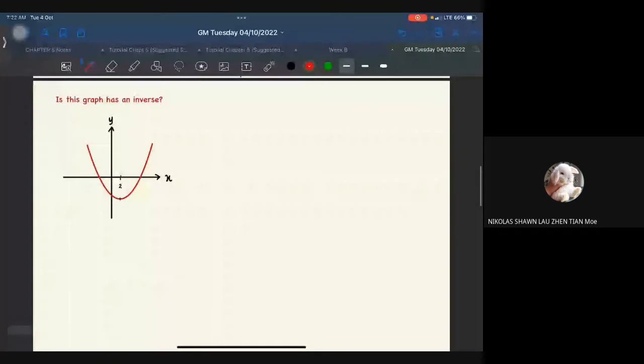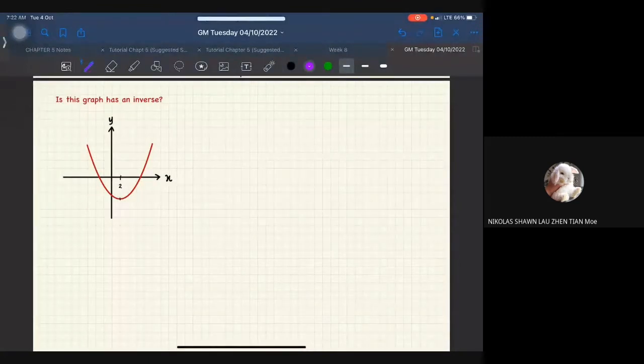If this graph has an inverse, yes or no? Ada inverse function tak graph ni? Okay. Smart. Do we have an inverse for this graph?